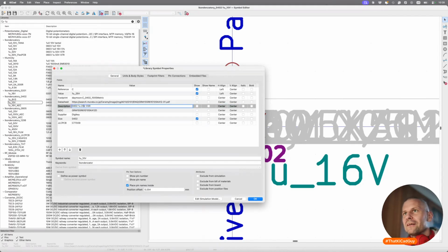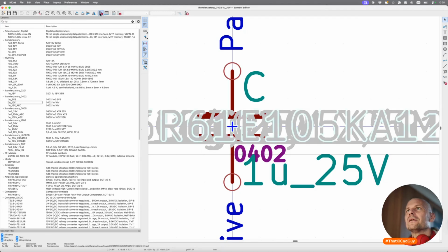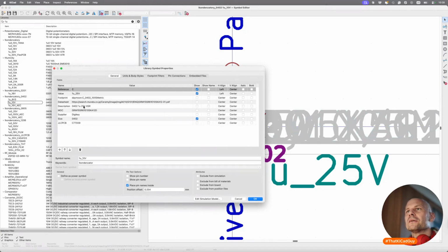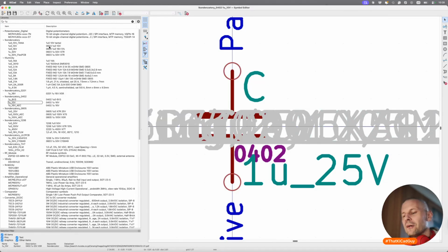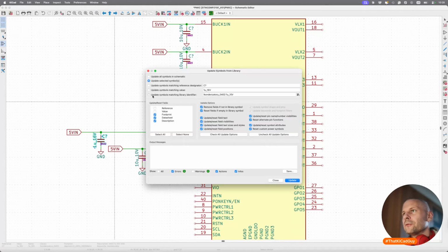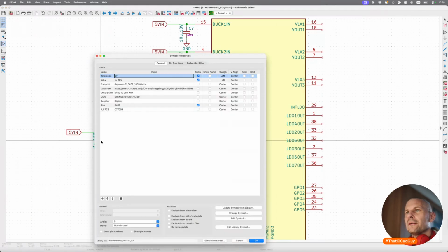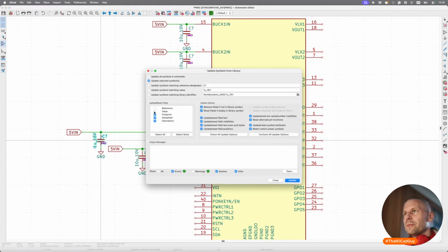KiCad doesn't sync the values in the property window or in this library window. There is still one 10 volts, but it's 25. You have to switch this to make the changes, and even the value must be changed.